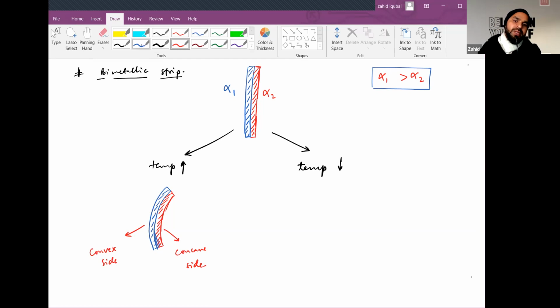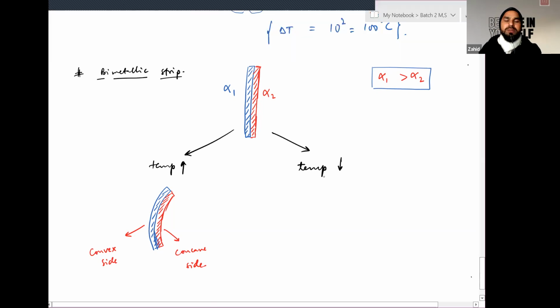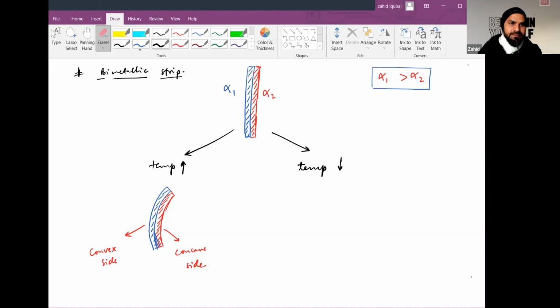Similarly, what will happen when we decrease the temperature of this particular system? We are considering this particular part to be initial. Now what will happen if you decrease the temperature? Will it be linear or curve?